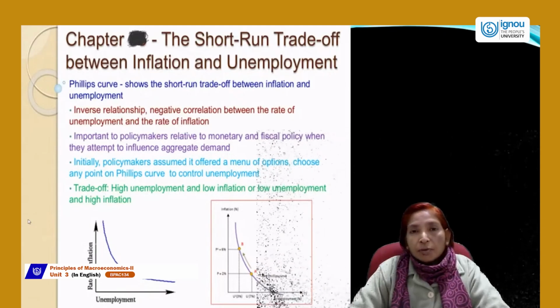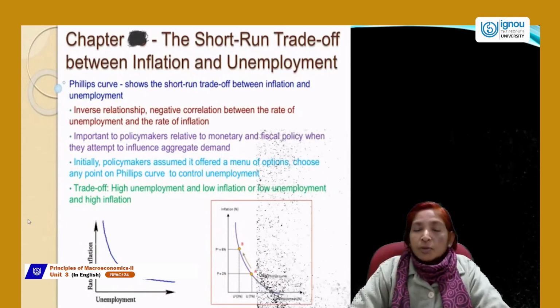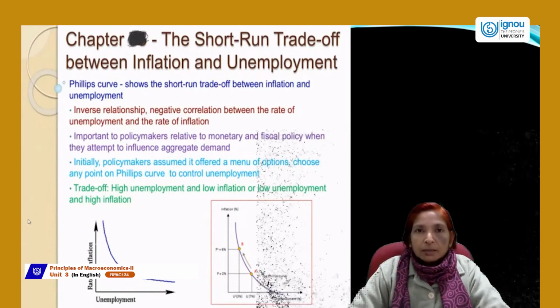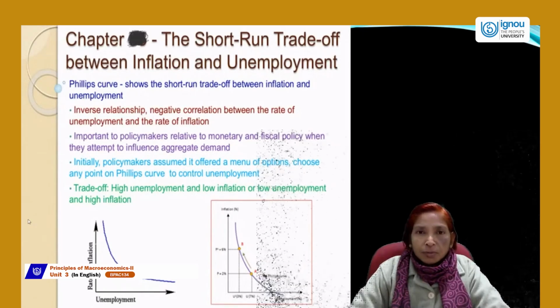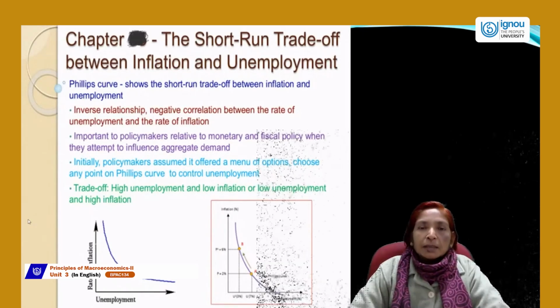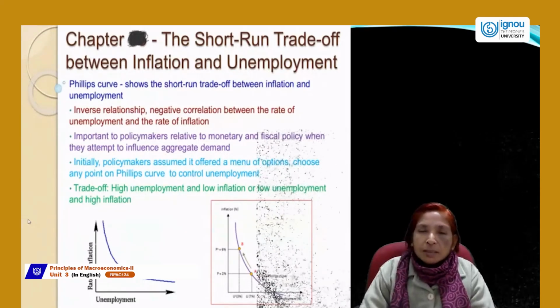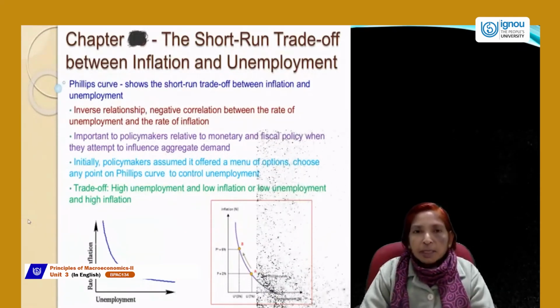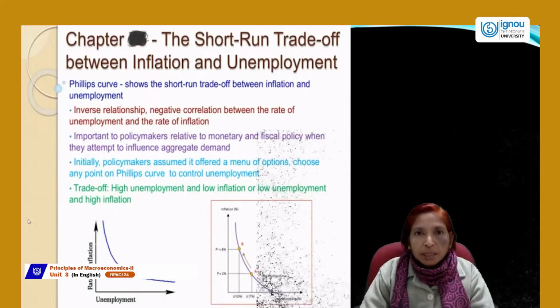And if a four sector economy exists, four sectors means the farm sector, household sector, government sector, and the rest of the world. Then aggregate demand has four components. Number one is C, consumption expenditure. Number two is I, investment expenditure.